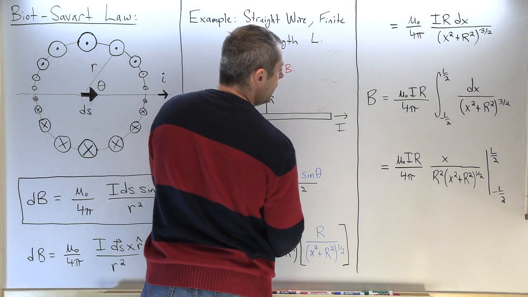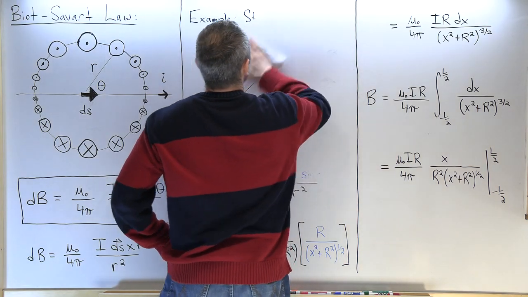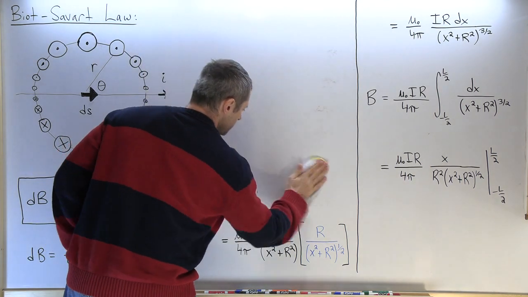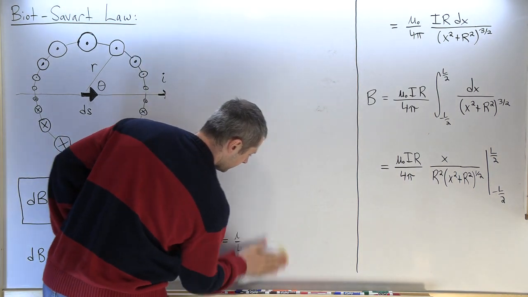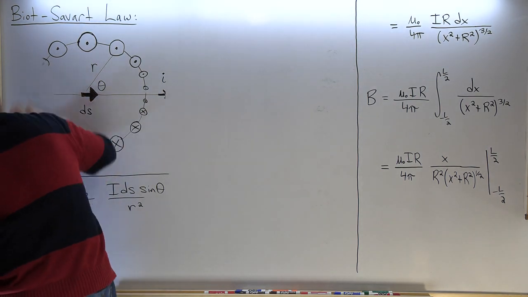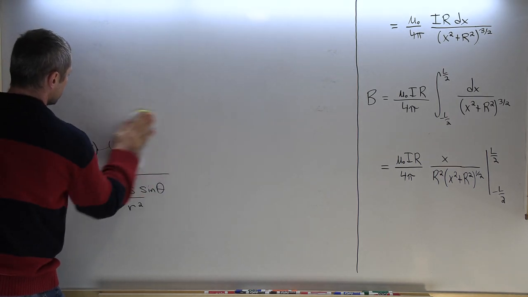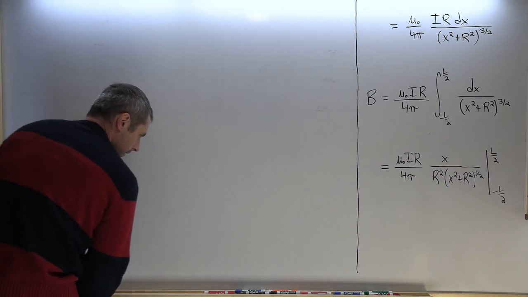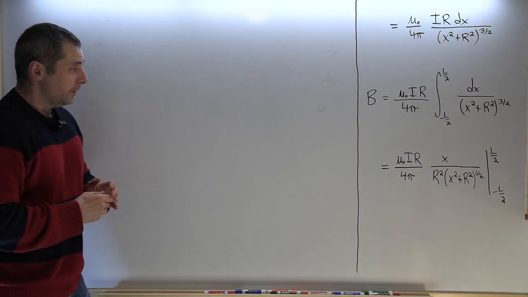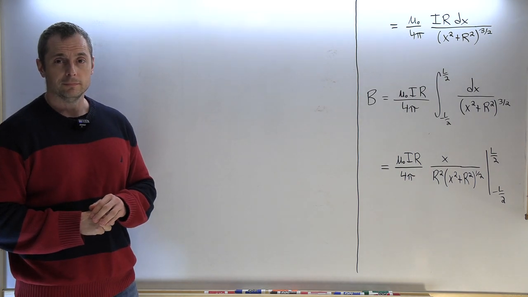All right. Let me just erase this. Okay, so I don't think I created a pause yet, so let me create a pause in case you need a moment to catch up.